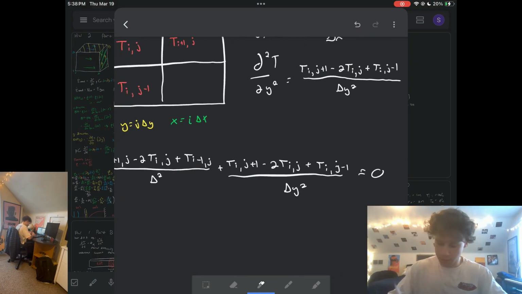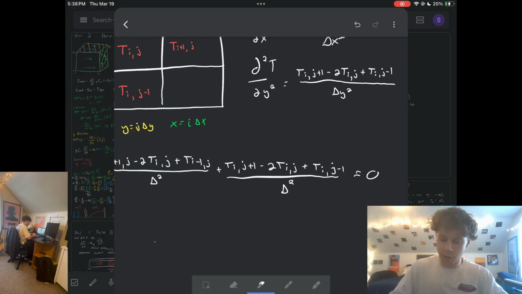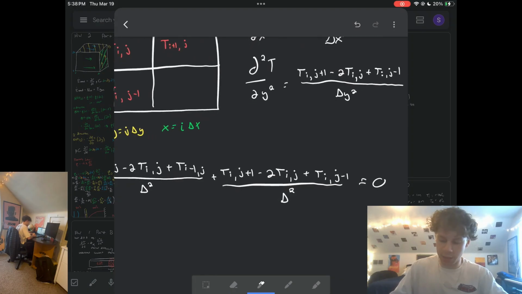And we can say that these delta terms drop out because the entire equation is equal to 0.